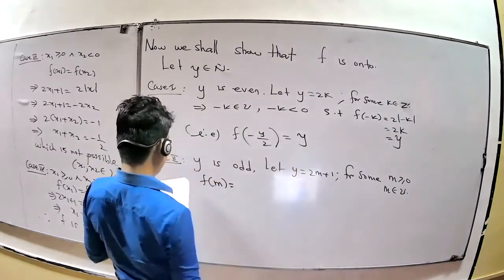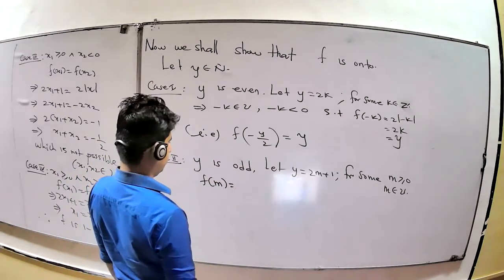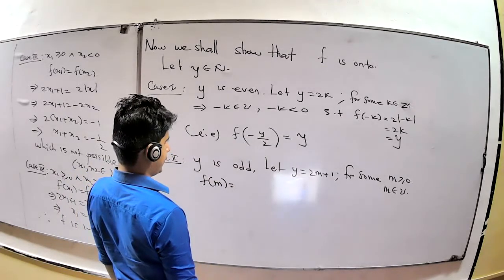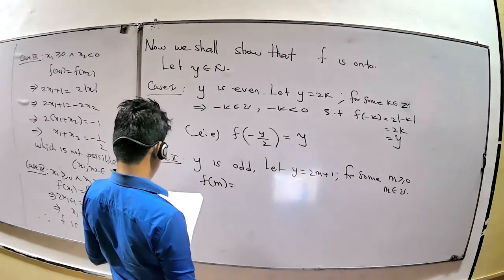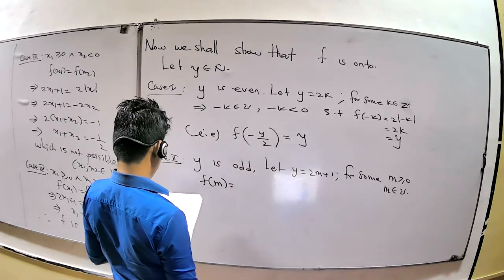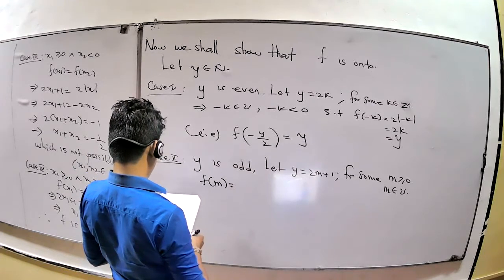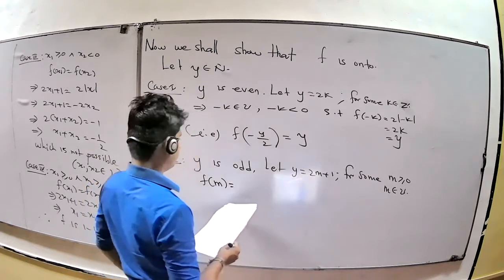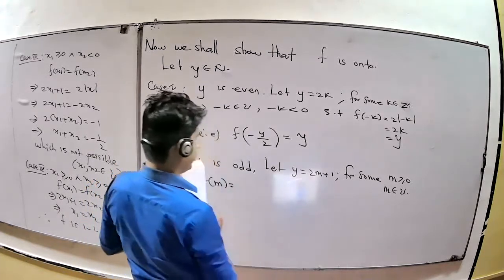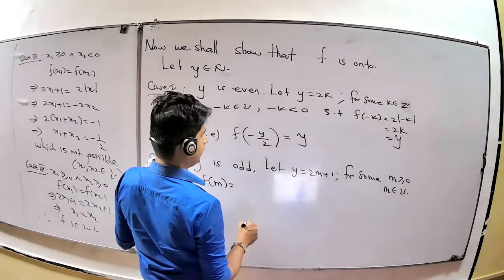What is f of m? F of m equals 2 times m plus 1.